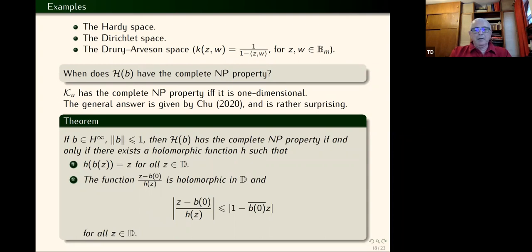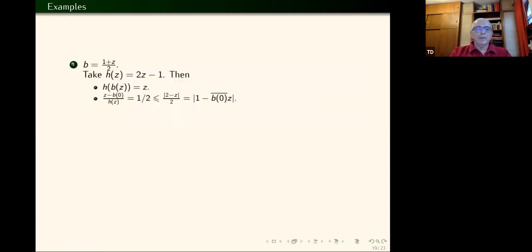Now, I can't say too much about the proof, but I will give you some examples. Of course, I start again with (1 plus z) over 2, because this is my favorite example. In this case, I can take h of z to be z minus 1, and it's very easy to check the two conditions, 1 and 2.